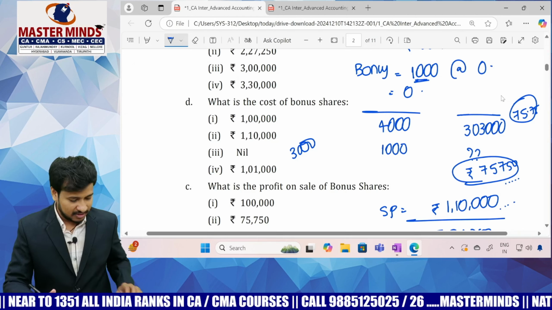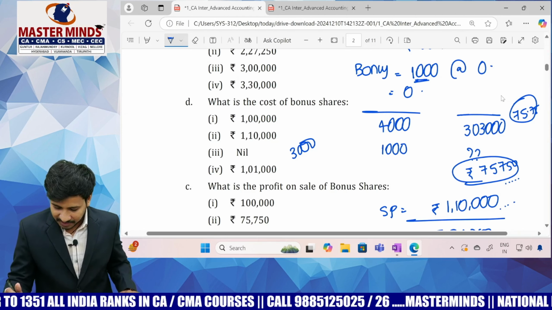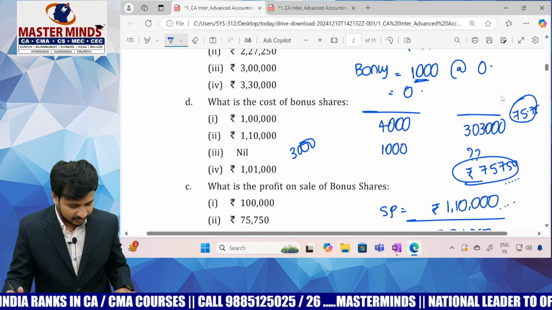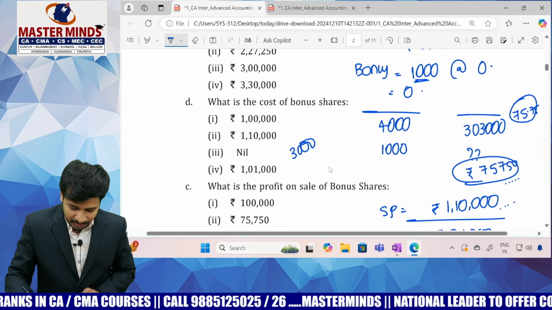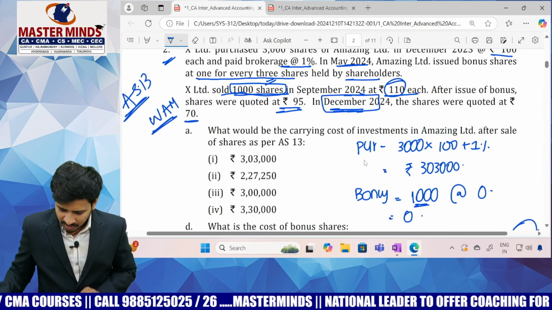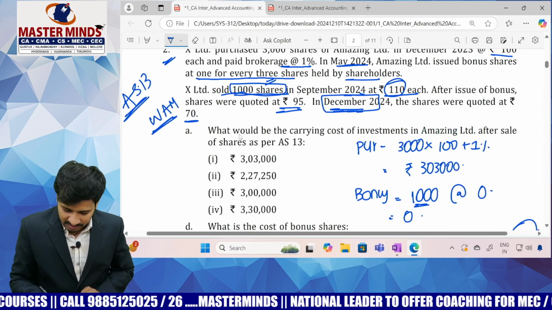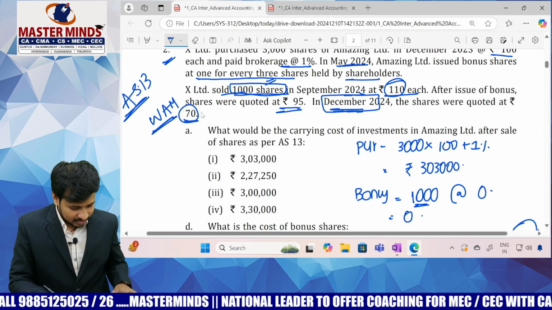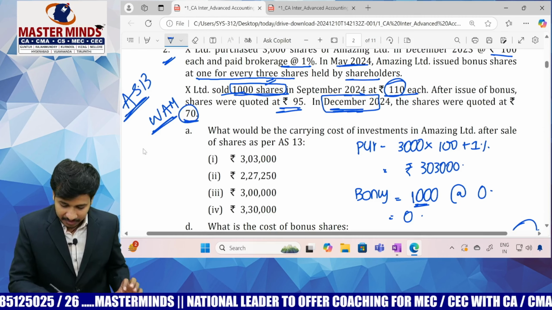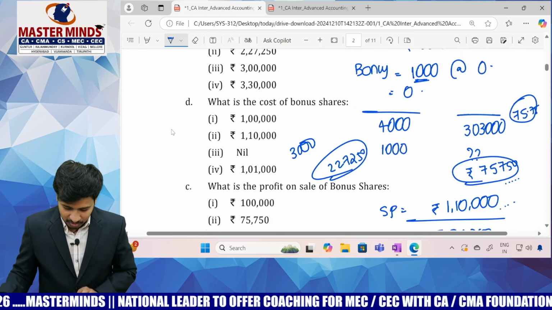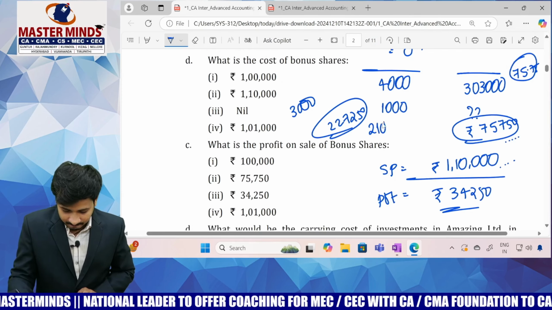So 3000 shares into 75.75 comes to 2,27,250. And the closing price is rupees 70. 70 into 3000 shares comes to 2,10,000 only.